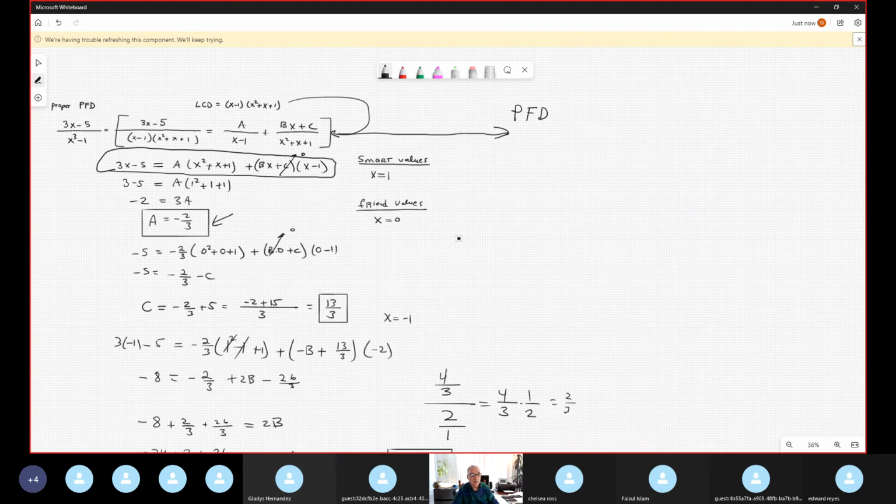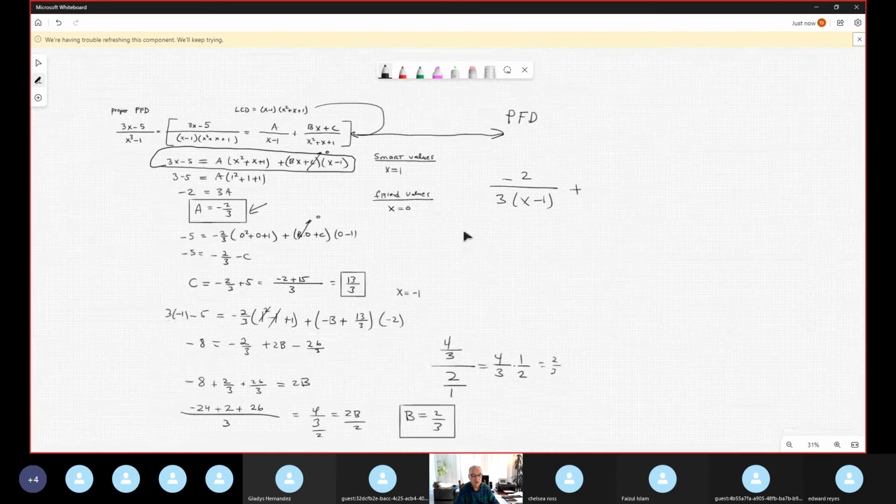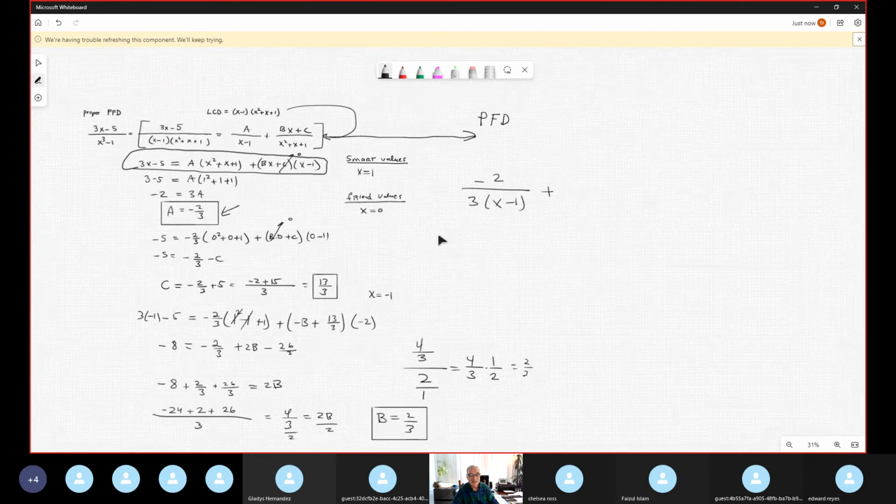The elegant way is minus 2 over 3 parenthesis x minus 1, plus, who's b? B is 2/3. So I separate 2x over 3 times x squared plus x plus 1. And who is c? It's 13.